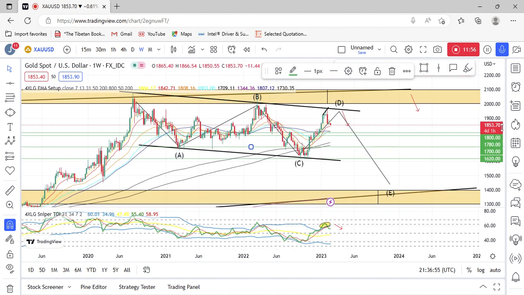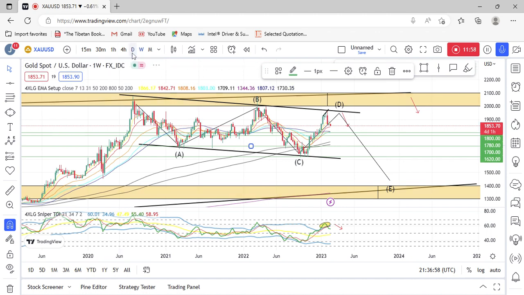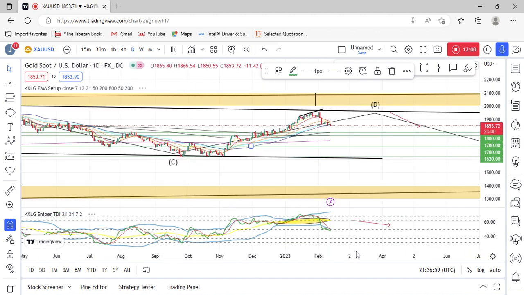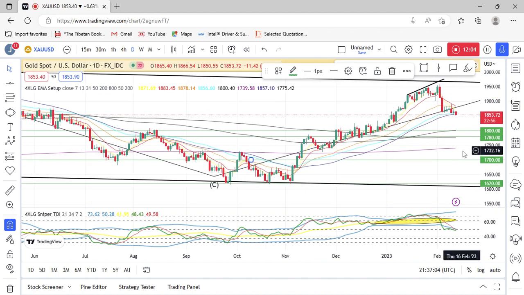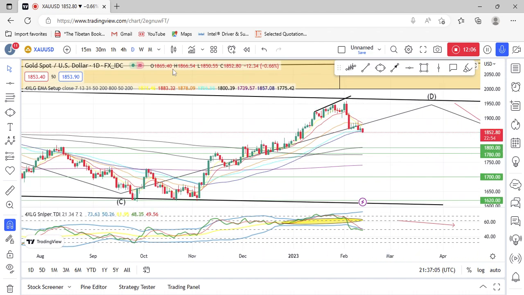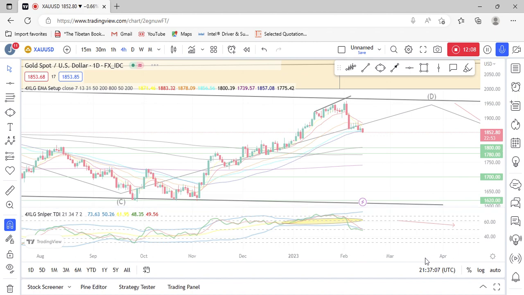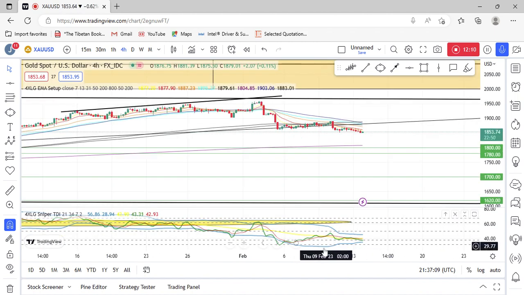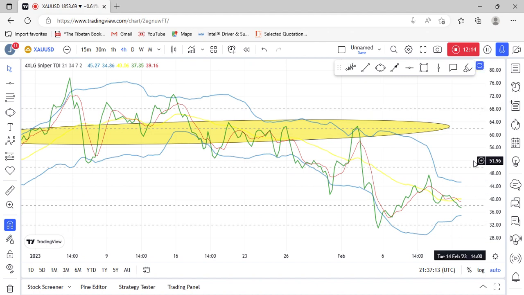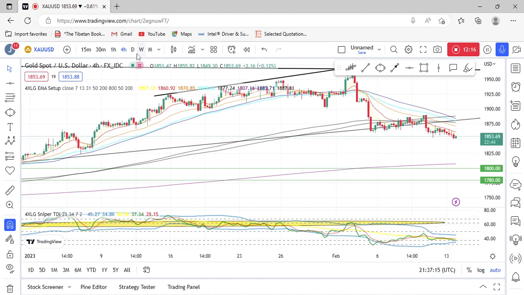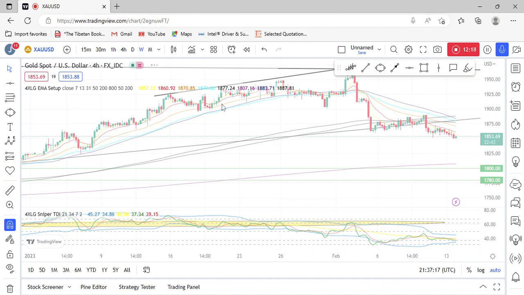There we have it. So this is our targets. Let's get down to the daily. As you can see, bearish continuation for still drop. So there we have it on gold as well.